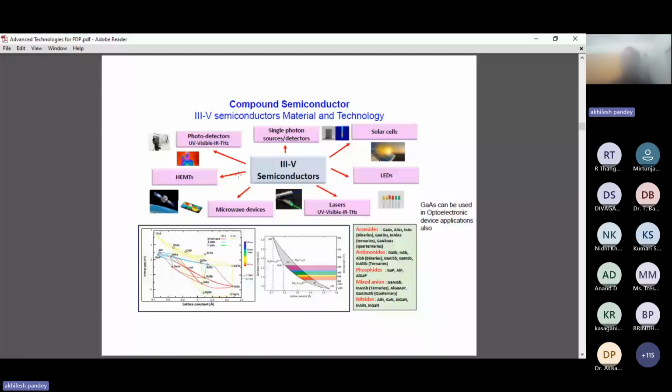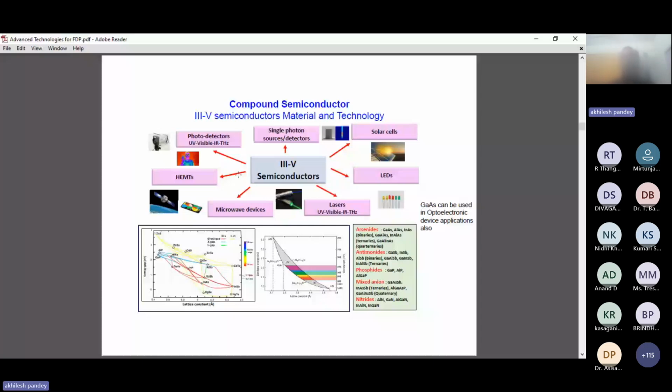So the external quantum efficiency as well as photoconversion efficiency will be enhanced. Gallium arsenide and other 3-5 semiconductors are also radiation hard. So in solar cells, gallium arsenide or compound semiconductors 3-5 are widely used.